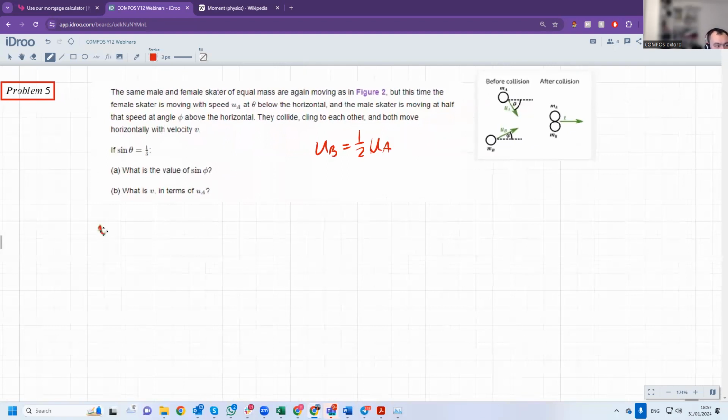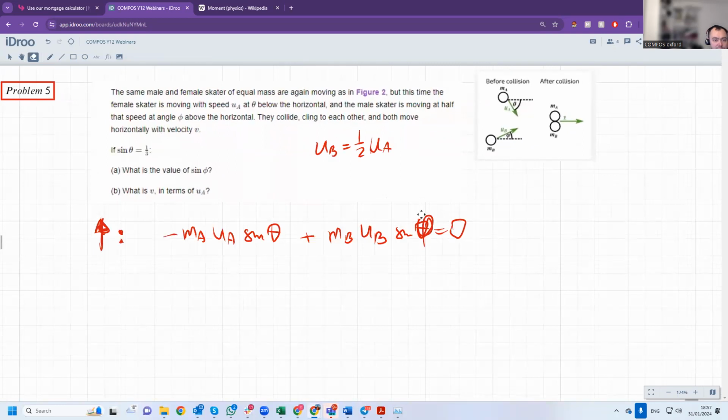So in the vertical direction, we have minus MA UA sine theta plus MB UB sine phi equals 0.